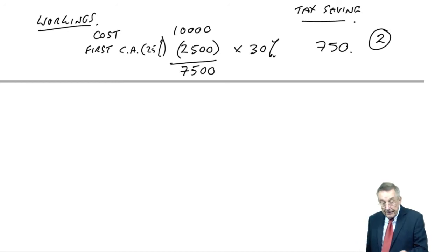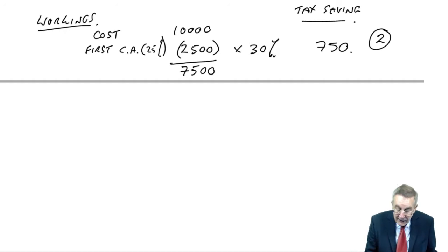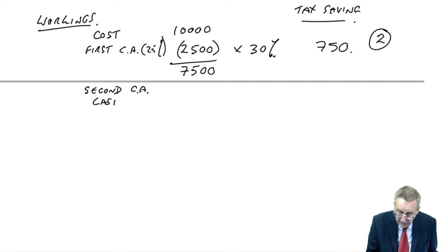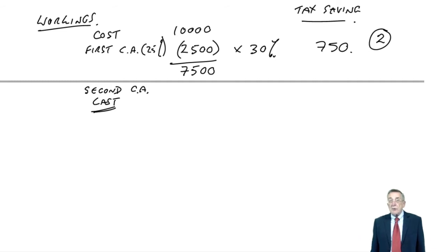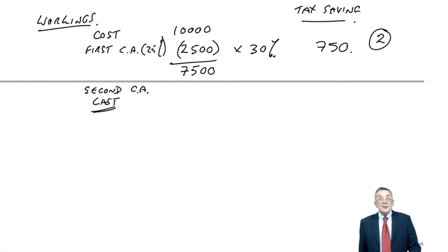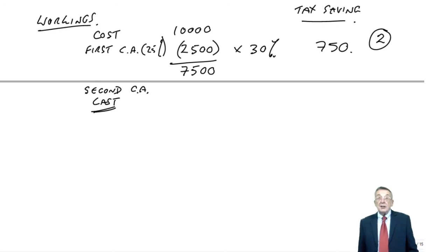The first year, I hope I've already made sense of. But here, the second year is the last. And the rule is, this is one tax rule that you do need for the exam. The rule is that in the final year, the year you sell it, you don't get 25%. You get all the remaining allowances.